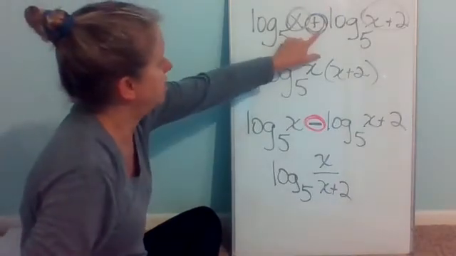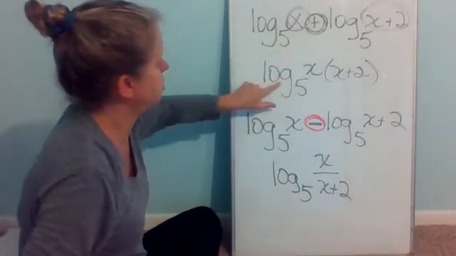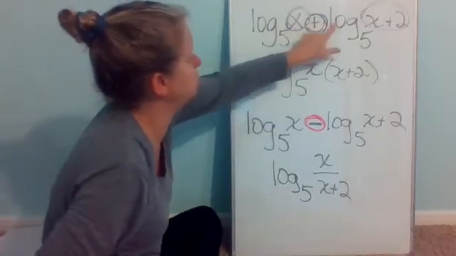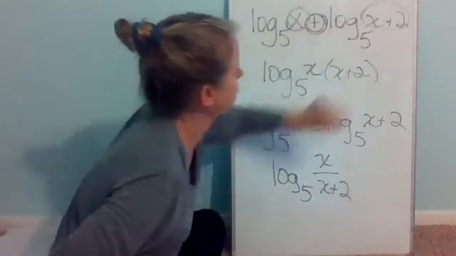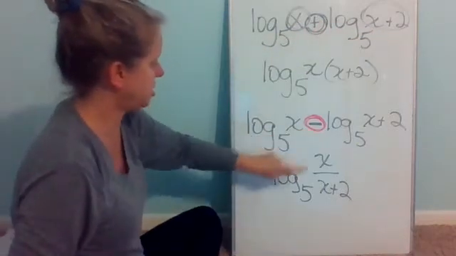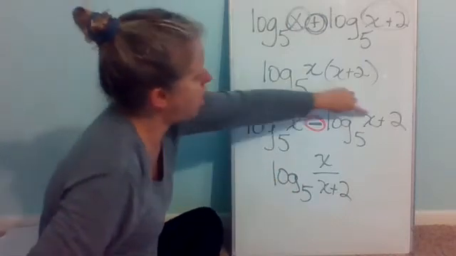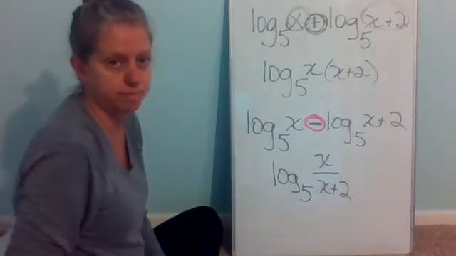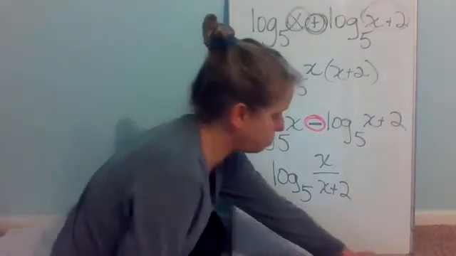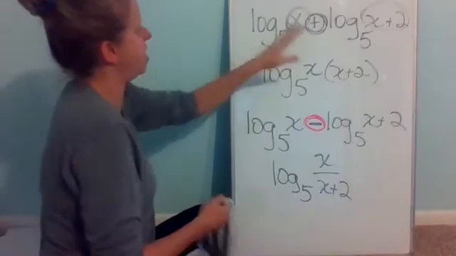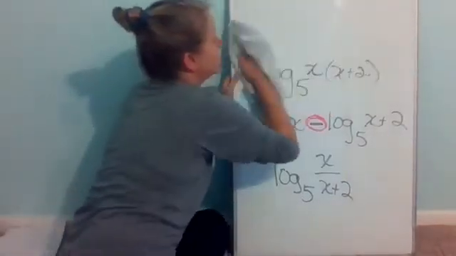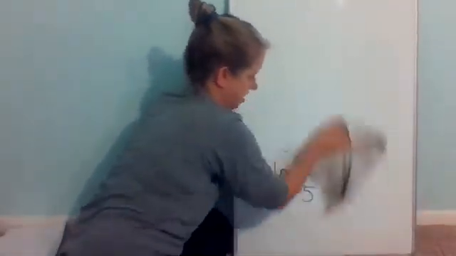So again, addition turns into a single logarithm by just multiplying those together. Subtraction turns into a single logarithm with this one over that one. So we're going to use those properties when we have multiple logs on one side of the equal sign.